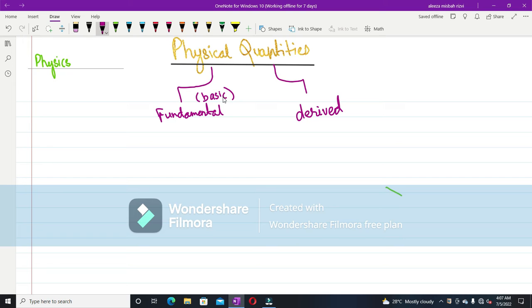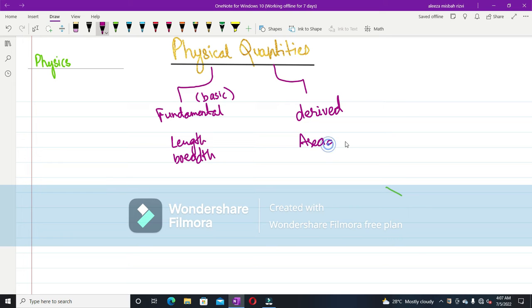Okay, so let me just give you an example of fundamental. An example of fundamental can be length and breadth, and corresponding to it a derived quantity can be area.